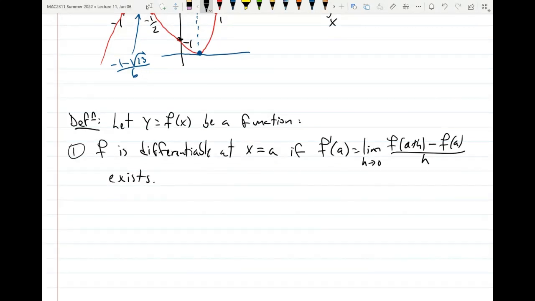And then immediately I can tell you that f is differentiable on an open interval if it's differentiable at every point inside that interval.